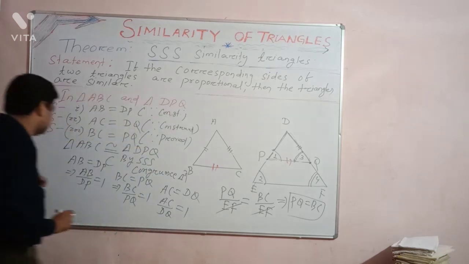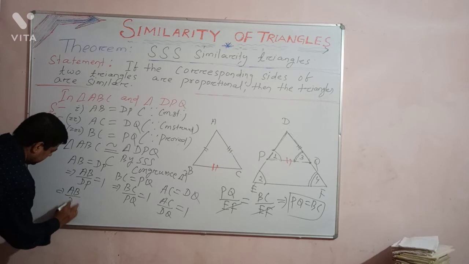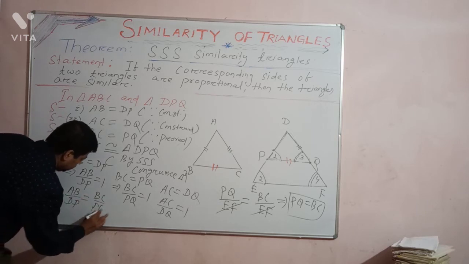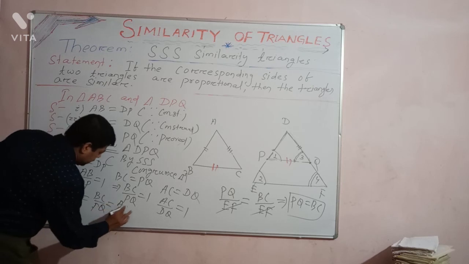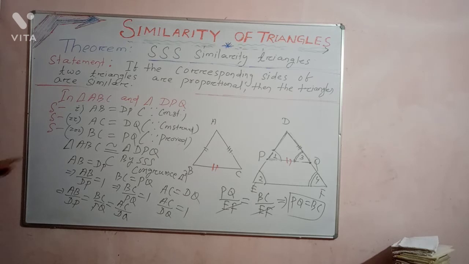It means the ratio is equal or not? That implies AB upon DP is equal to BC upon PQ is equal to AC upon DQ. It means that if the two triangles are congruent, then the ratio of their corresponding sides are equal. Okay, understand? But the converse is not true.